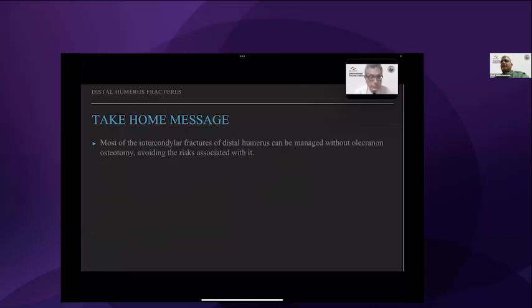Most of the intercondylar fractures of the distal humerus can be managed without olecranon osteotomy, avoiding the risks associated with it like nonunion and implant prominence. Even without olecranon osteotomy, with the triceps sparing approach, we can spare the anconeus. It is a secondary posterolateral stabilizer, because we are not disturbing the triceps attachment to the olecranon. We can allow early movements so that the patient can get a very good range of movements postoperatively.